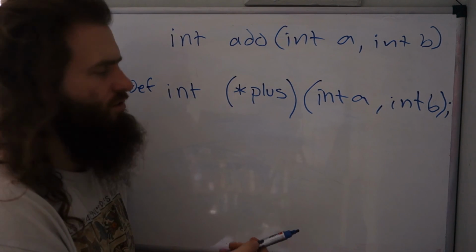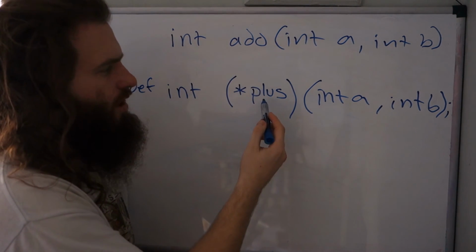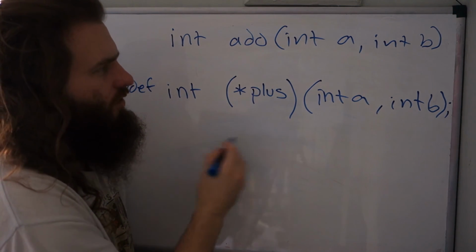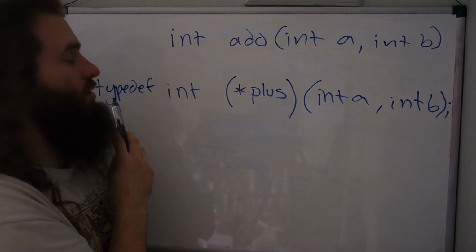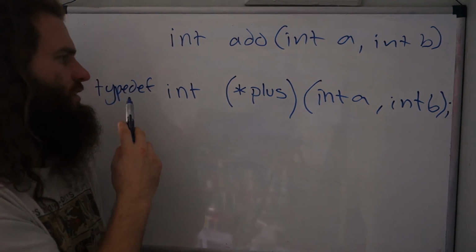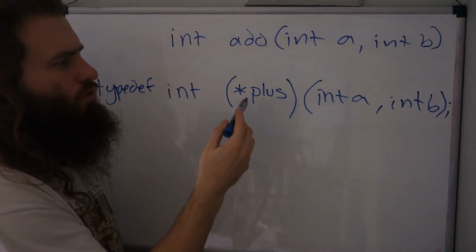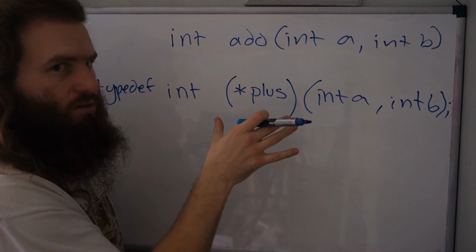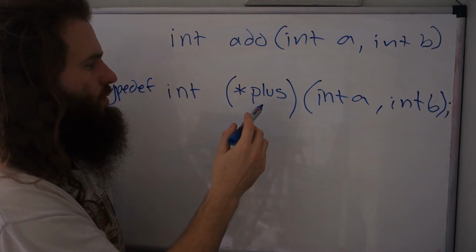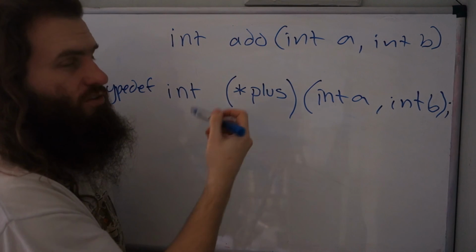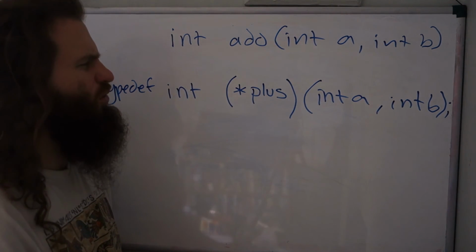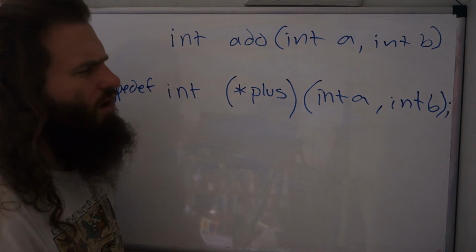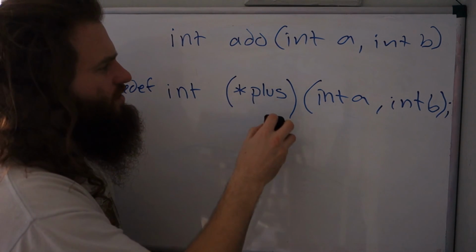Previously we were creating a variable called plus and we assigned the address of a function. By putting typedef in front, we now create a new type called plus, which is a function which returns an int and takes two integer arguments. Of course, since it's a type, it would be a bit weird to call it plus.